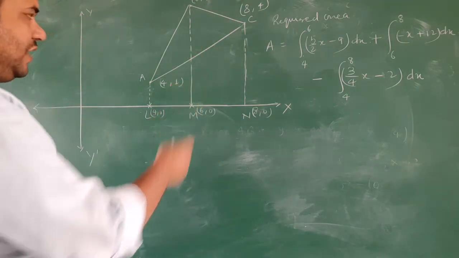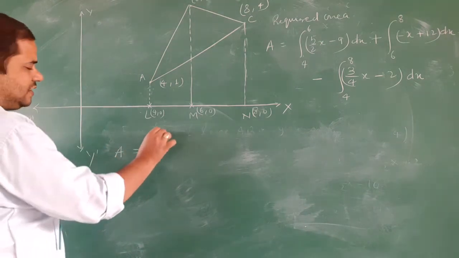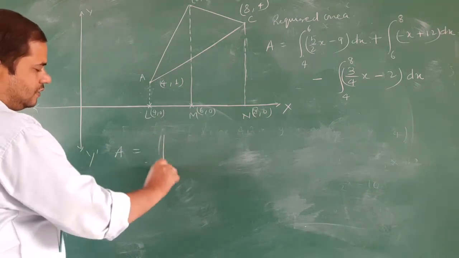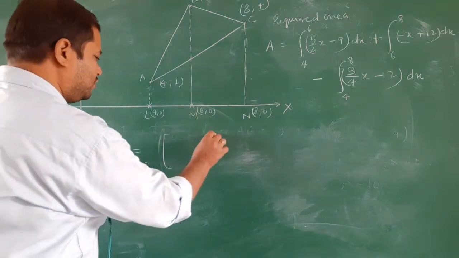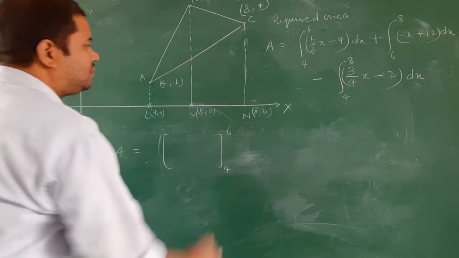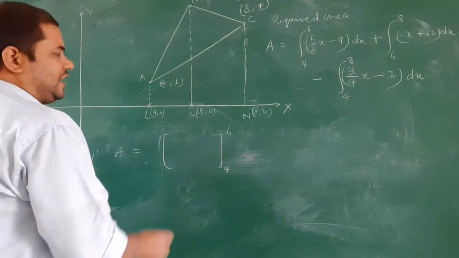See, if you integrate it, you will get A is equals to the limit from 4 to 6, 5 by 2x square by 2.